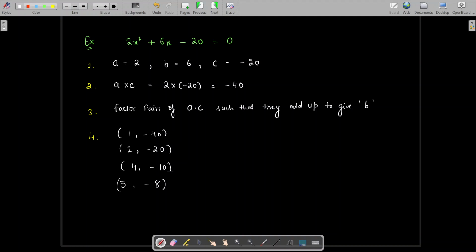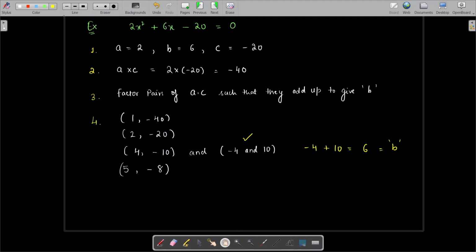We need those 2 factors which will give me 6 upon adding. If you see 4 and negative 10, there will also be another factor pair of negative 4 and positive 10. If you add negative 4 and 10, that is nothing but 6, which is the value of b. So this is our required factor pair, negative 4 and 10.